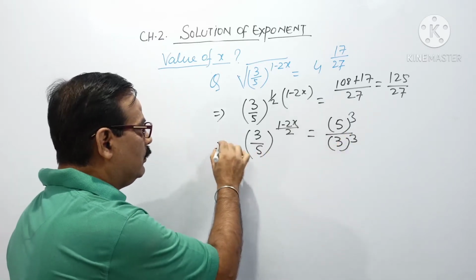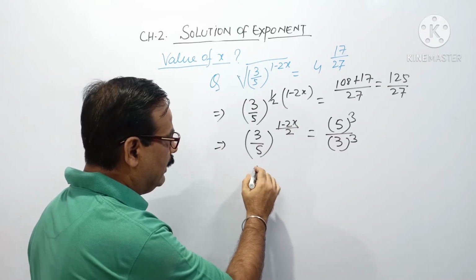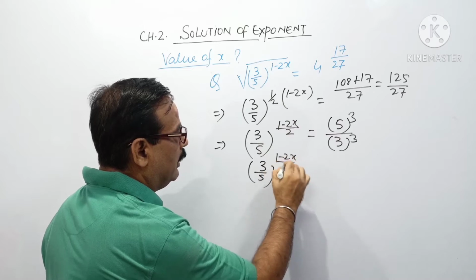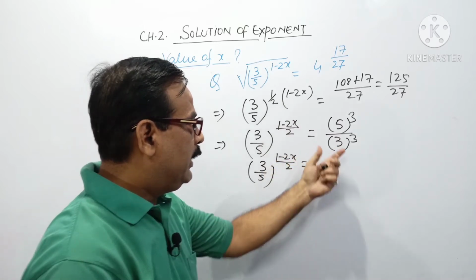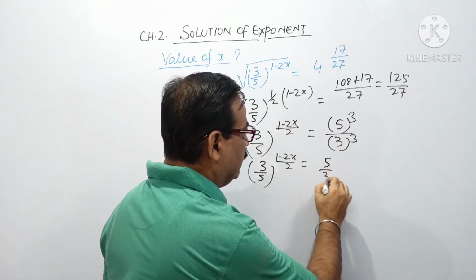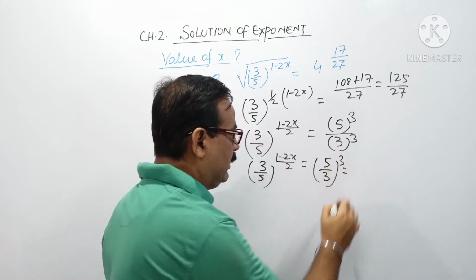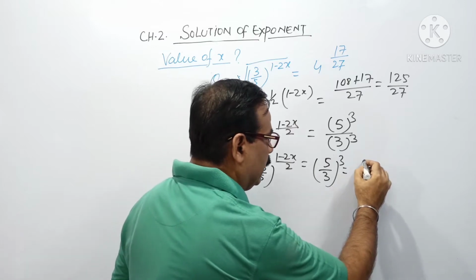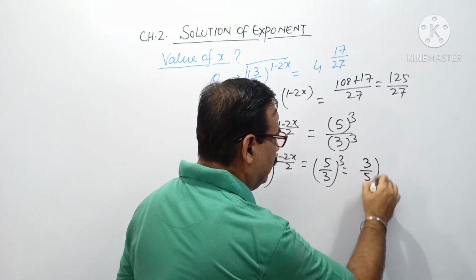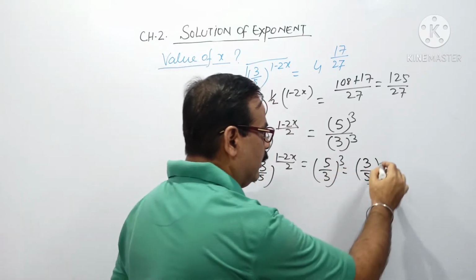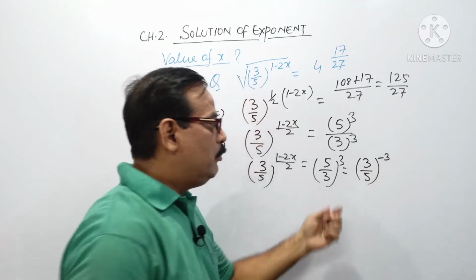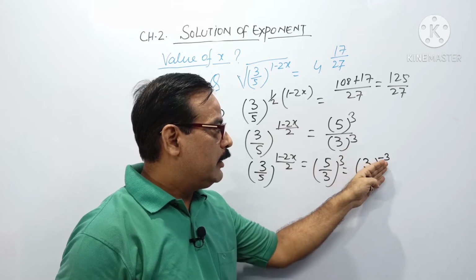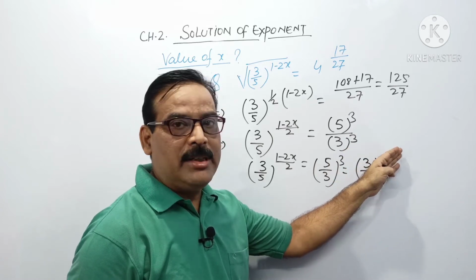So what we will do, in the next step we write 3 by 5 to power 1 minus 2x by 2, and here we write this term as 5 by 3 cubed, and this can be written as a reciprocal, so we write 3 by 5, but the power should be negative. If any number is in reciprocal form, its power sign must be changed.